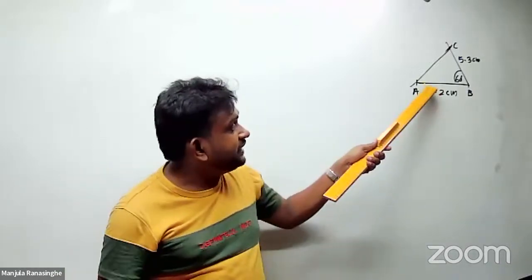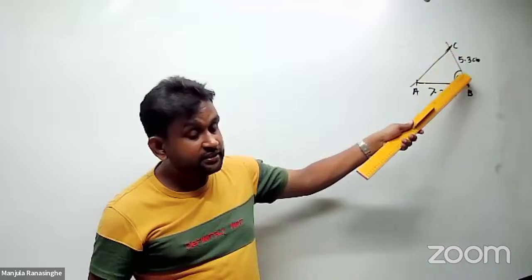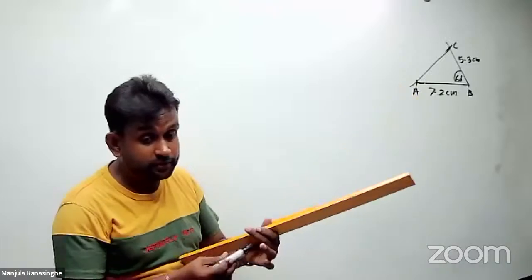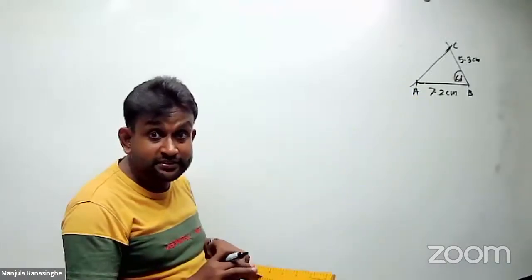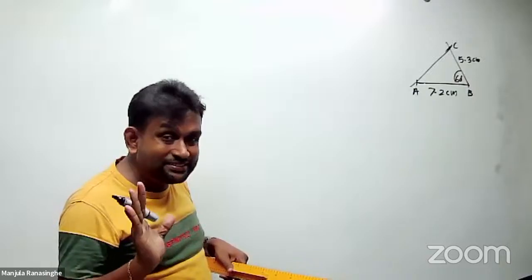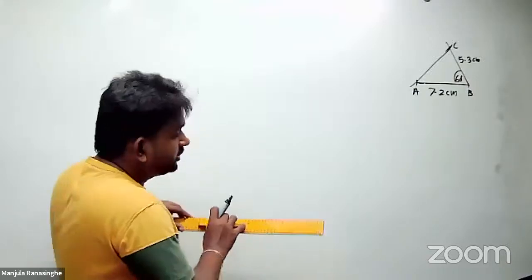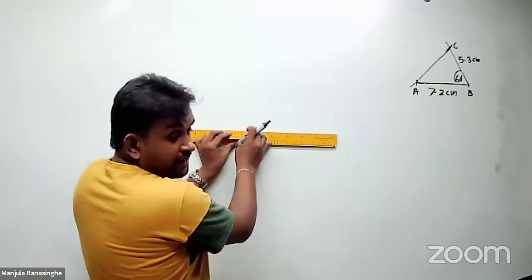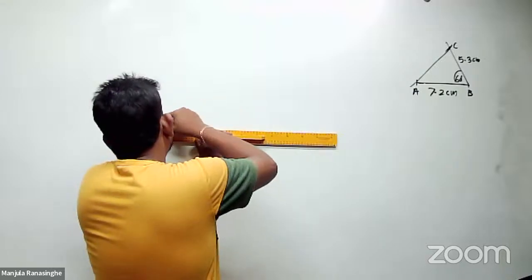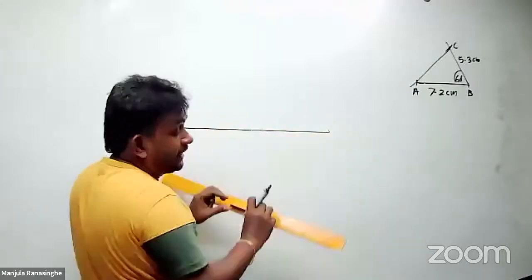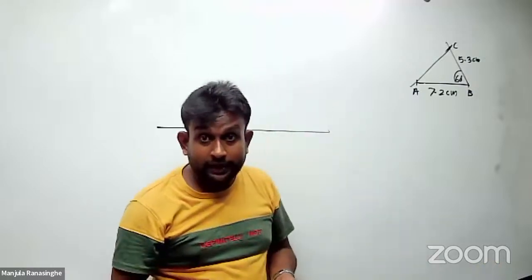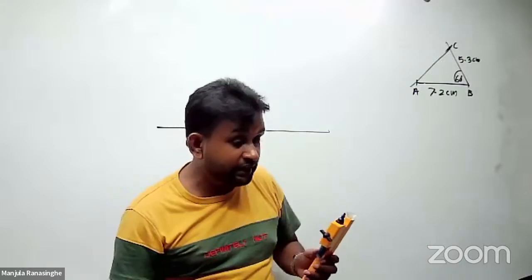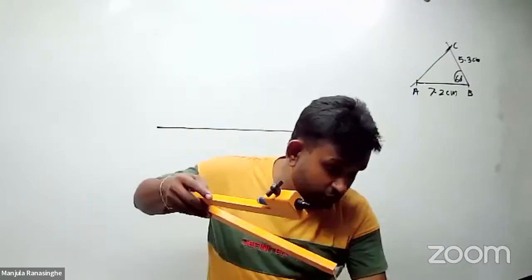Now see there, a side is given and another side is given and an angle is given. So you have to start with the side. Okay, the 7.2 centimeter side. So how to construct a straight line segment? This is my idea. First, draw a free line without measuring the distance. Then take the given length of 7.2 centimeters with the compass. How to take it?